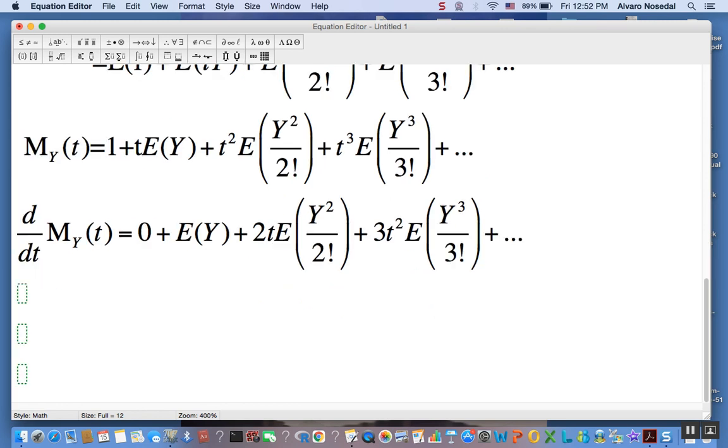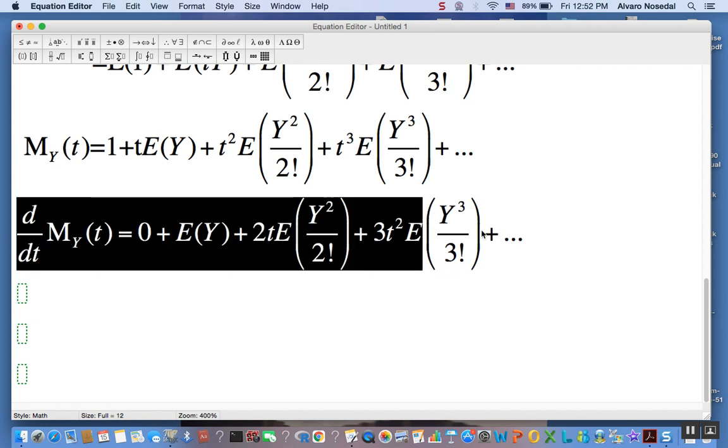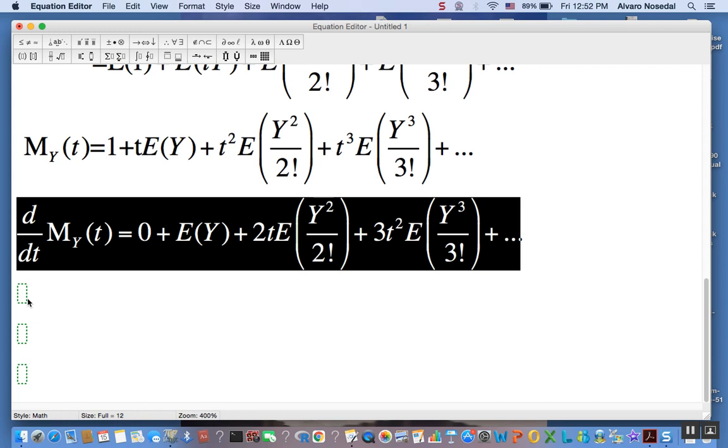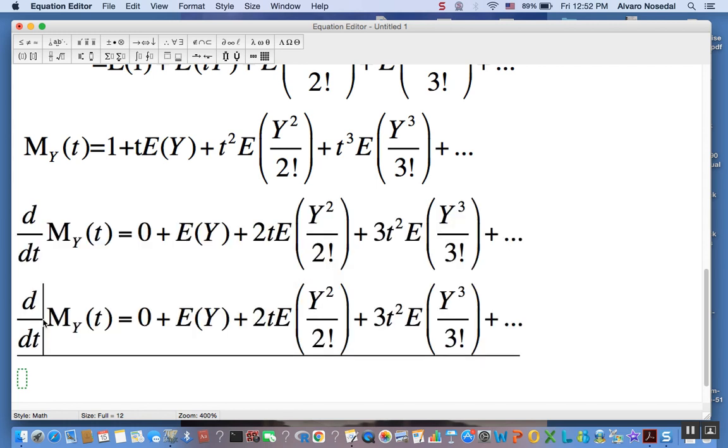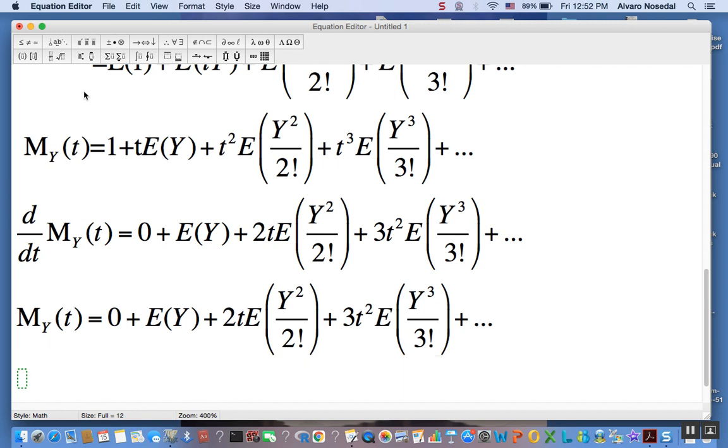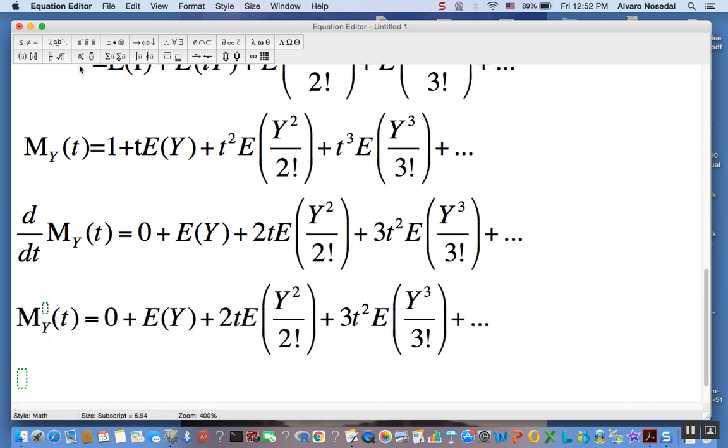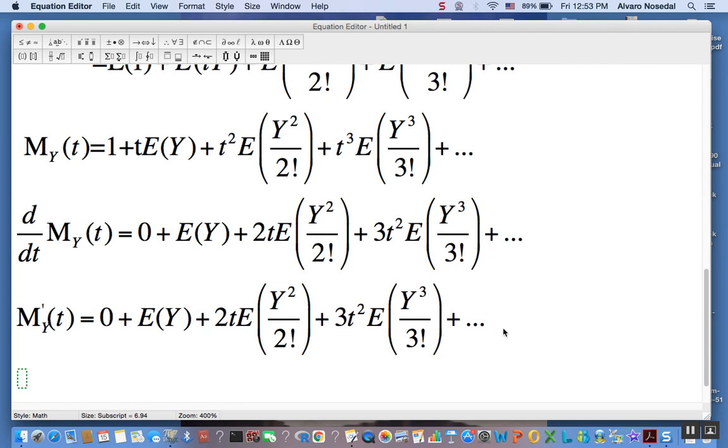Okay, so finally, let me use another notation so you can see both. You could write the first derivative of m of the random variable y at t like this, or using prime. You will also encounter that notation. Okay, same thing. Anyway, just notation.